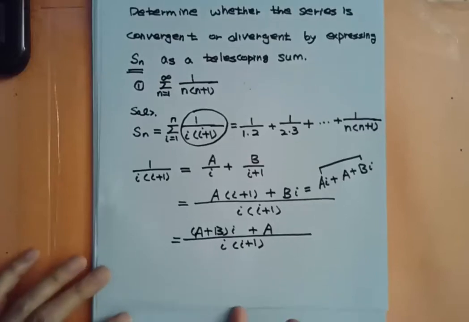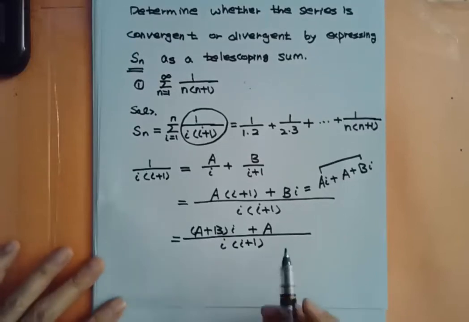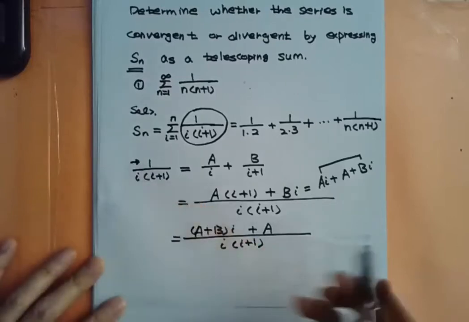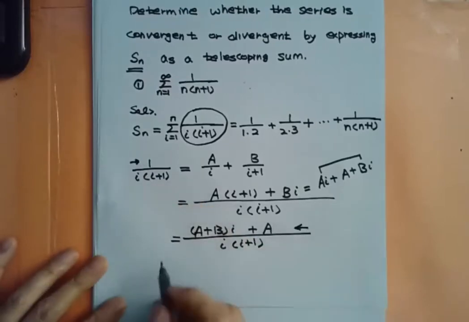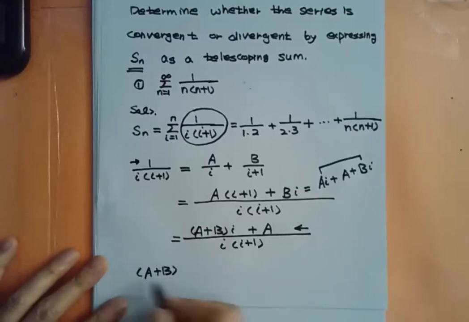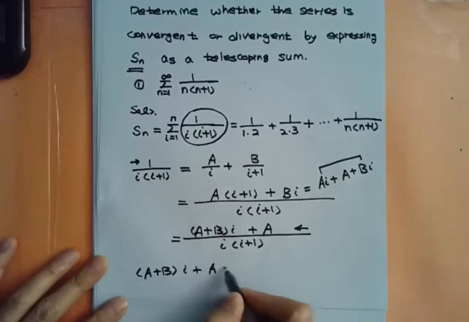And then we compare this numerator with the original numerator. So we make A plus B times i plus A equals 1.